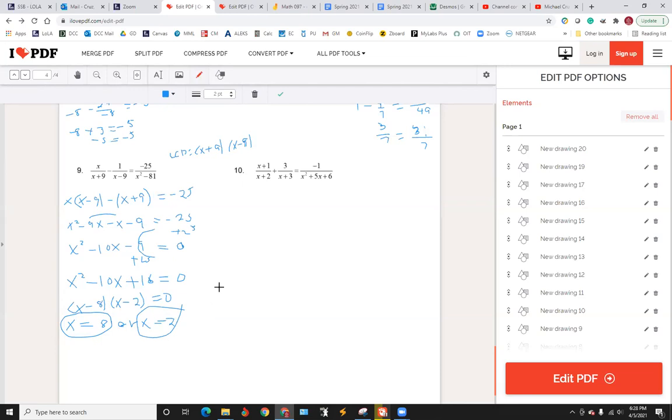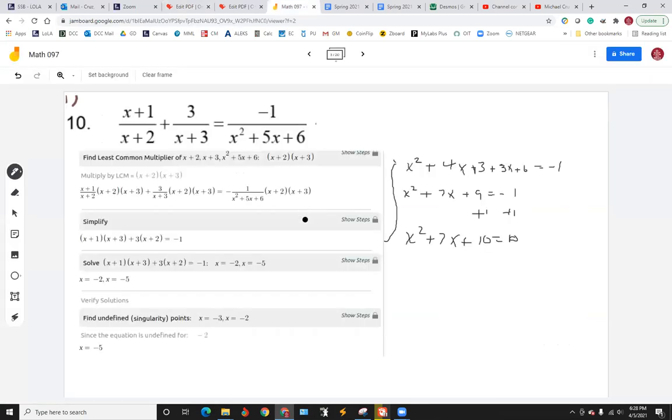So some of these take a lot of paper is the issue. All right, on this last one, the LCD, well, I got this whole thing over here. So that's that one. Here's your LCDs here. All right, x plus 2, x plus 3.